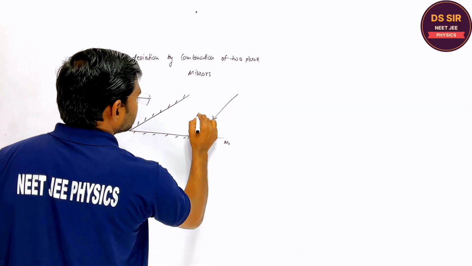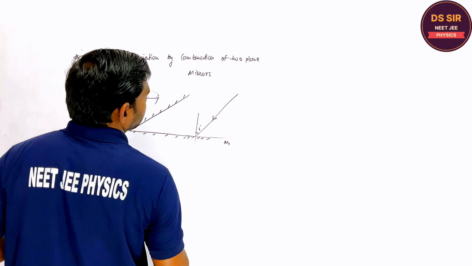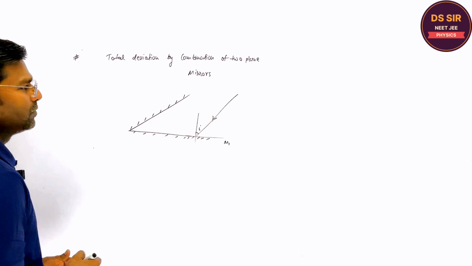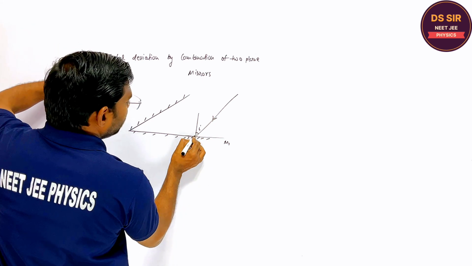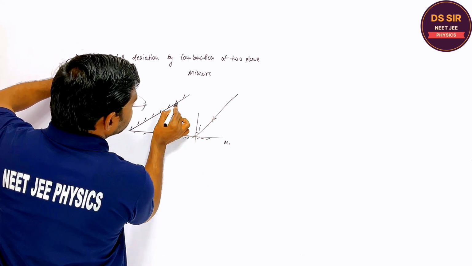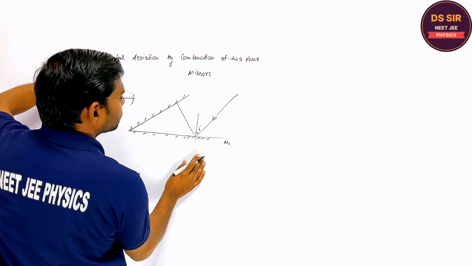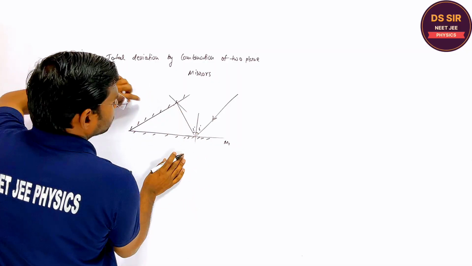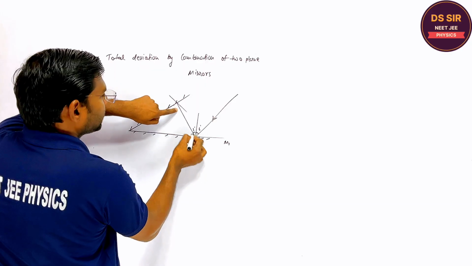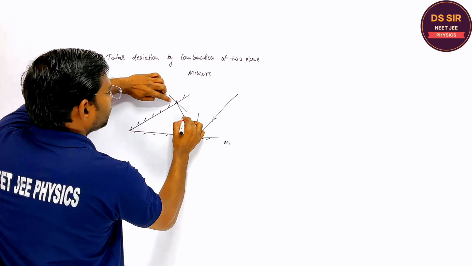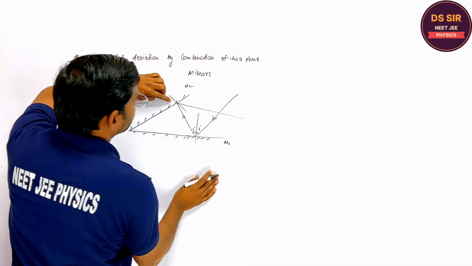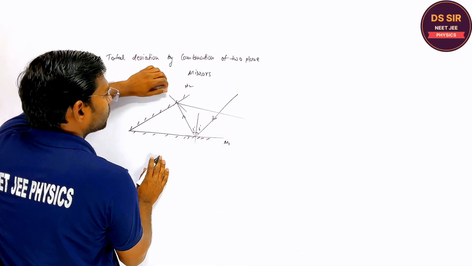Suppose the angle is I. Then what will happen? It will be reflected back like this. This angle is I. Then again it is reflected by the mirror M2, and it goes in this way. Is it clear or not?